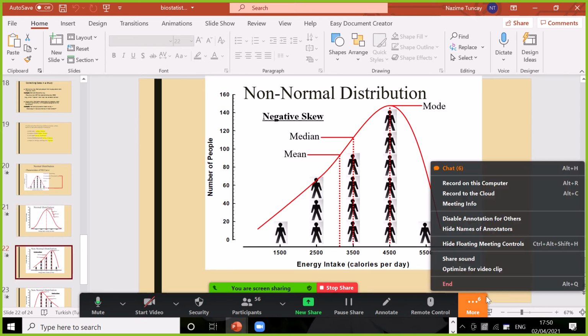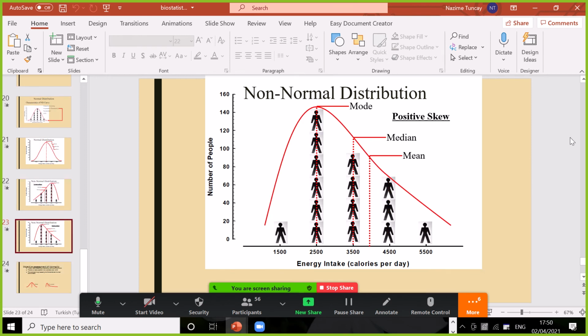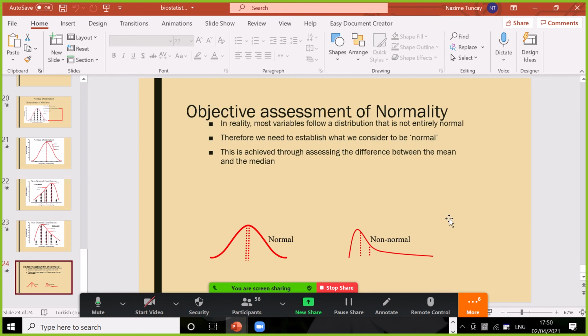So this is not a normal distribution. This is a negatively skewed distribution. This is a positively skewed distribution according to here, okay. And this is normal. This is what is not normal that we are mentioning.